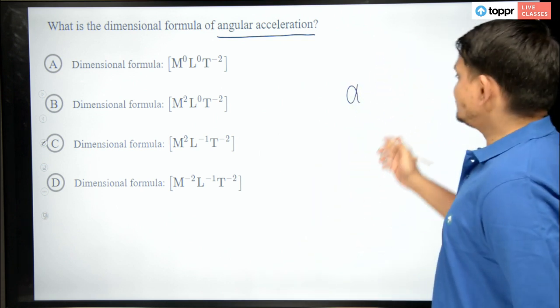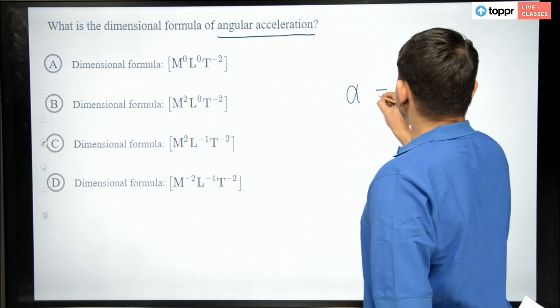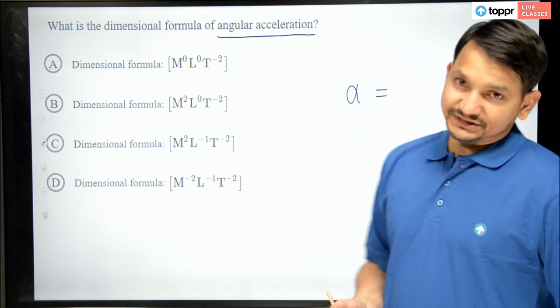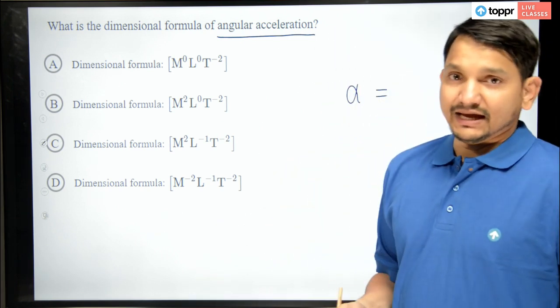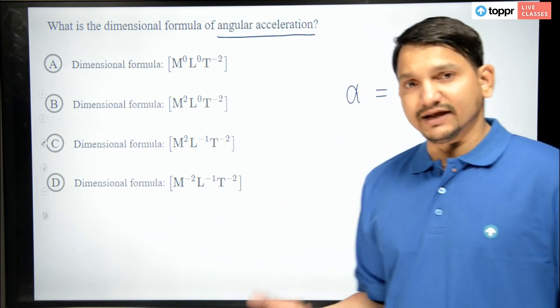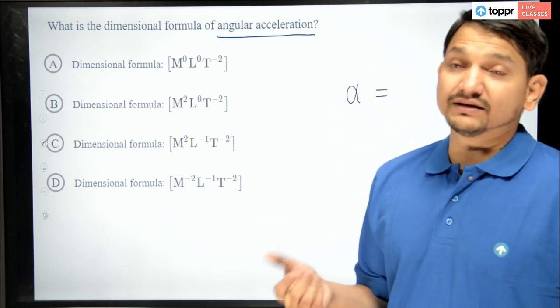So alpha is given as the rate of change of angular velocity, and angular velocity is again the rate of change of angular displacement.